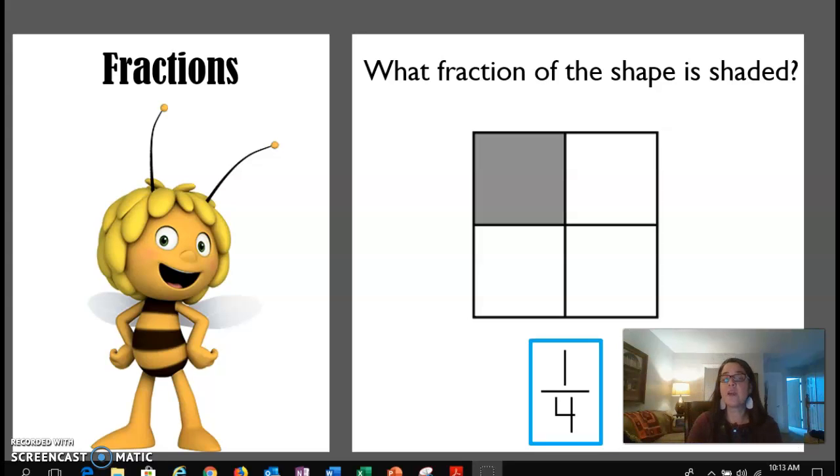So much like the fraction that we just looked at, we have 1 part shaded. The part that's shaded always goes on the top, out of 4 pieces all together. That bottom number is how many there are in the whole thing.